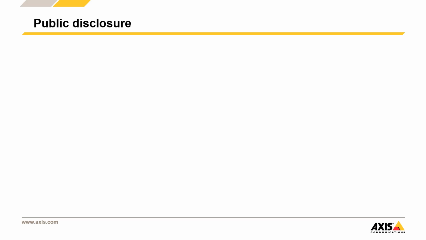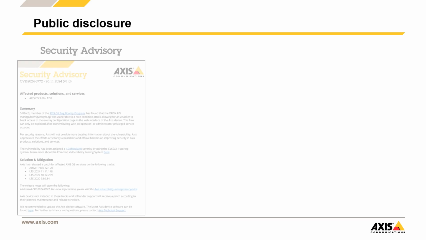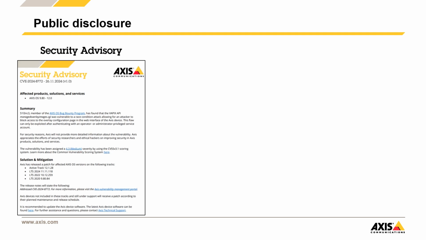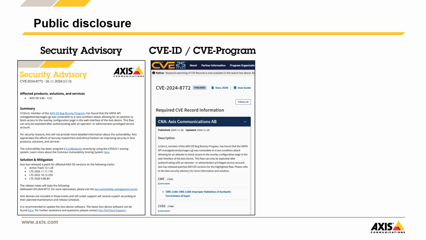So let's have a look at the information that Access provides with a vulnerability disclosure. Upon disclosure, we're providing a security advisory that explains briefly the vulnerability and clear steps for you to take action on. The same information will also be published within the CVE program together with the CVE ID.